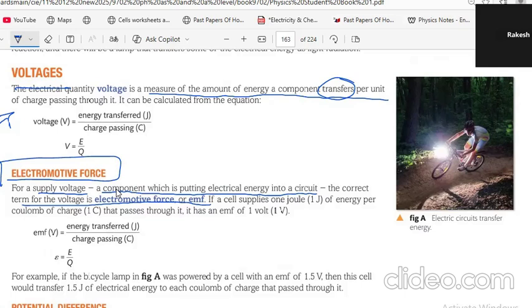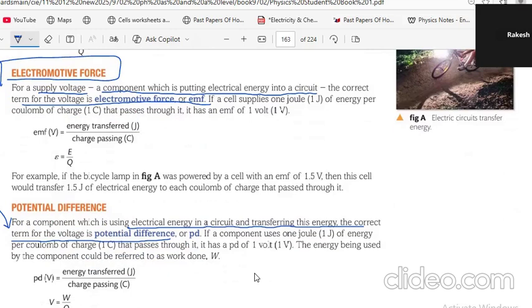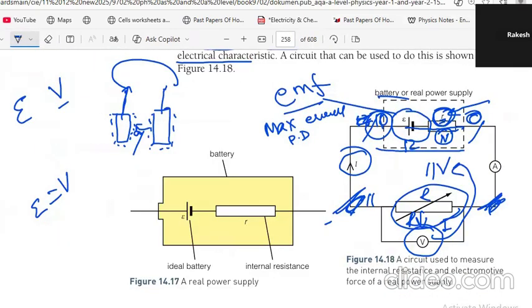Now it's not the same. So generally EMF is the energy for the whole circuit, the energy required for the whole circuit. That means within itself also, within the battery also. And potential difference is the difference across this, what is dropped.